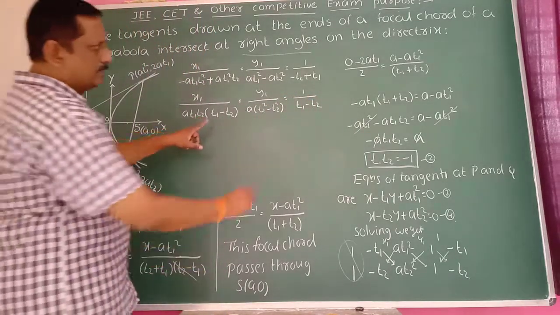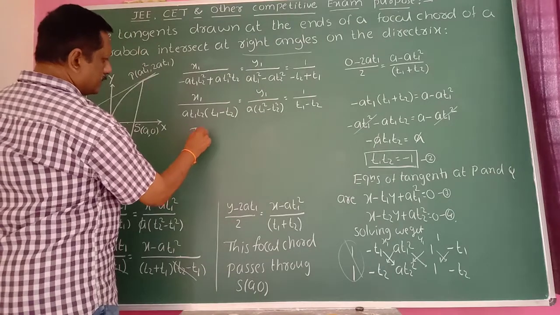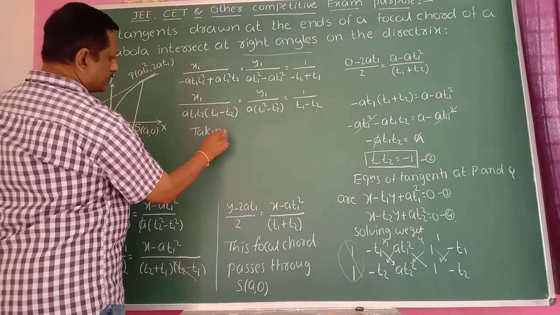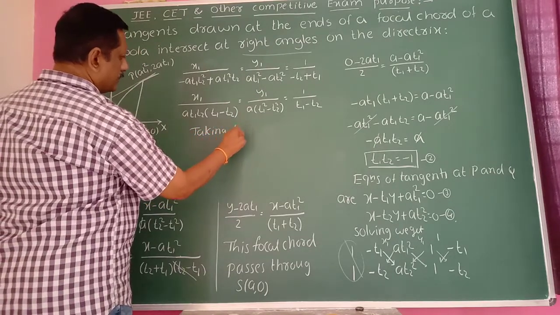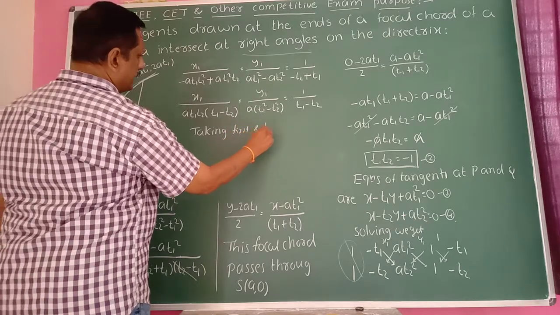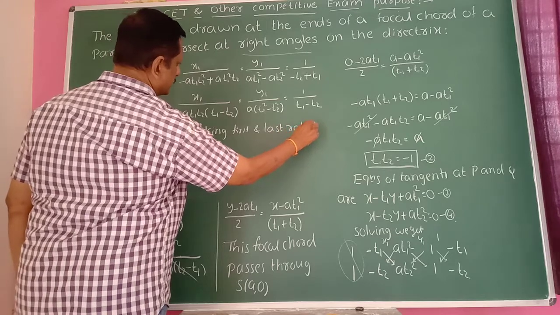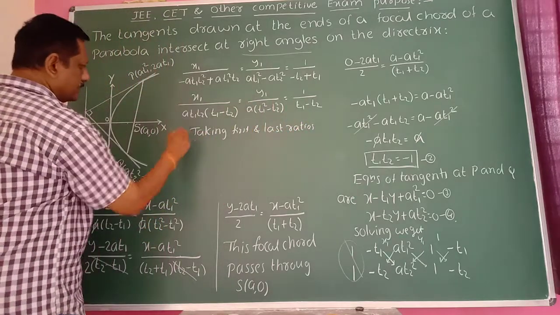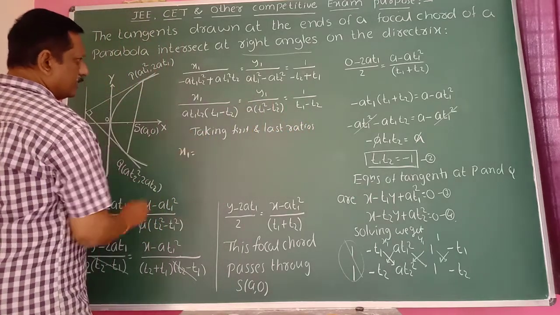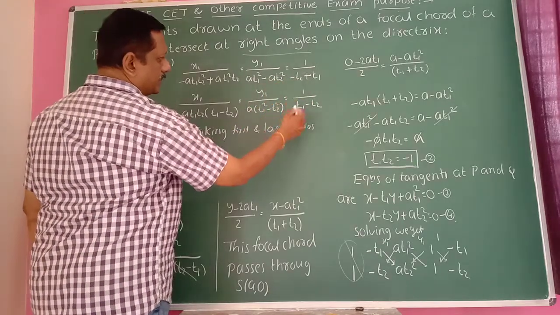Taking first and last ratios here, we get x1 is equal to, okay, here we are taking a minus common factor here.